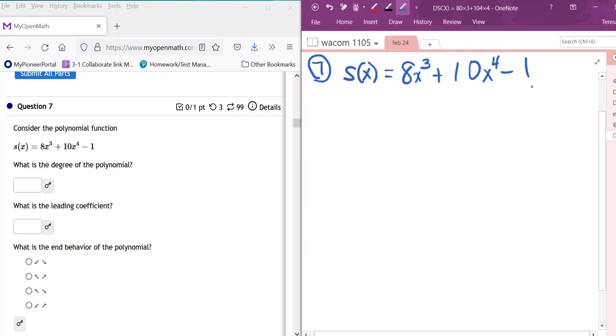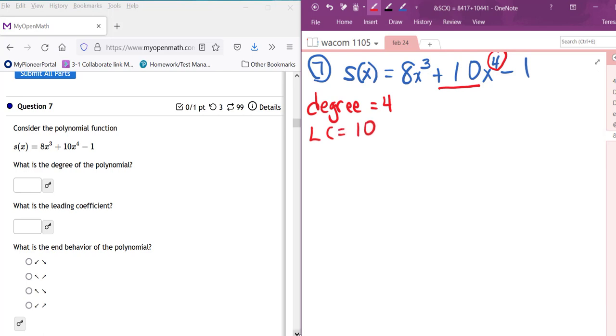And we want the degree of the polynomial. You have to watch out because this one's not in descending order. Your degree is going to be 4. Right. Leading coefficient will be the coefficient of that term. So our leading coefficient is 10.